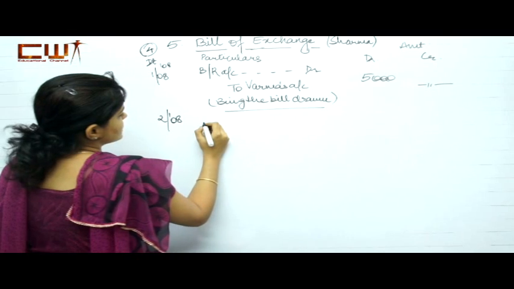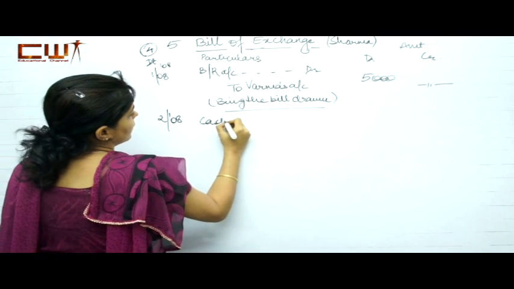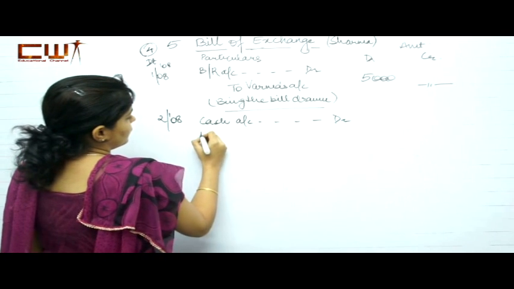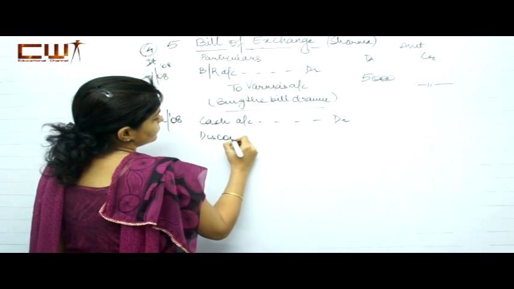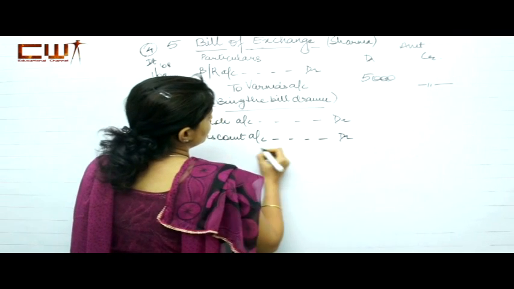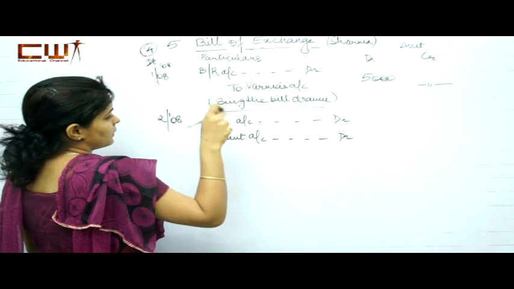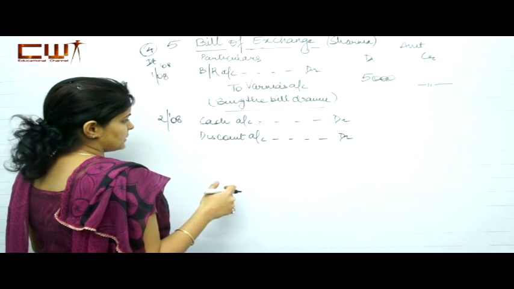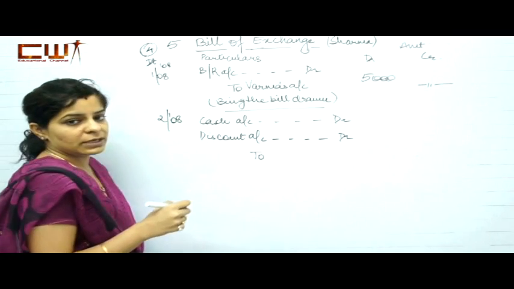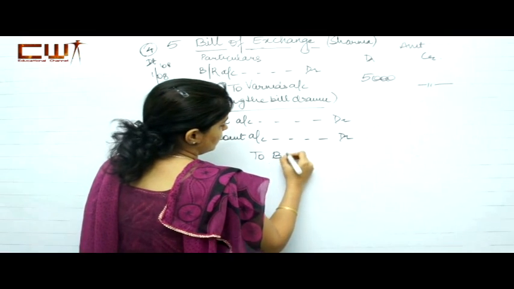Discounting the bill means he is receiving cash. Cash account is debited, and the discount will also come. Discount is debited because that is a loss for him. Actually he would have received 5,000, but due to his early receiving of the money he is getting 75 rupees less than what he has submitted as bills receivable to the bank.